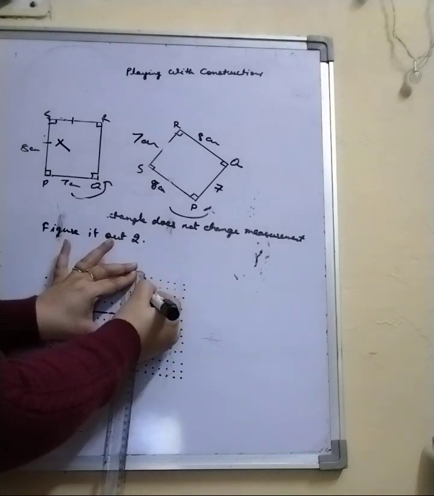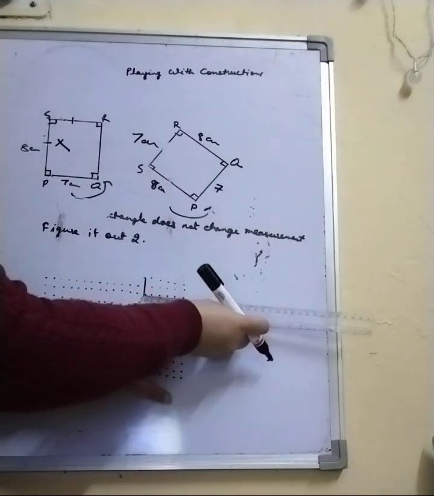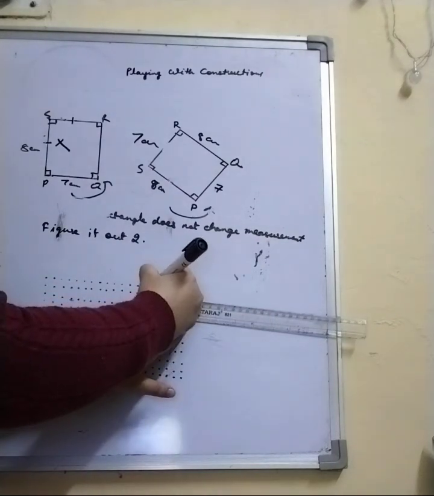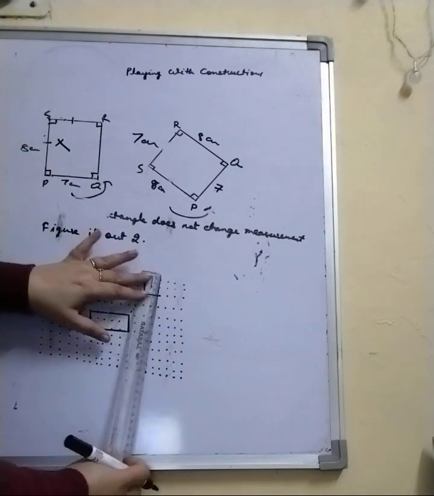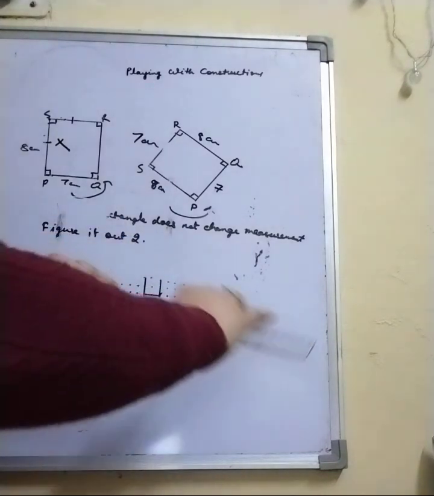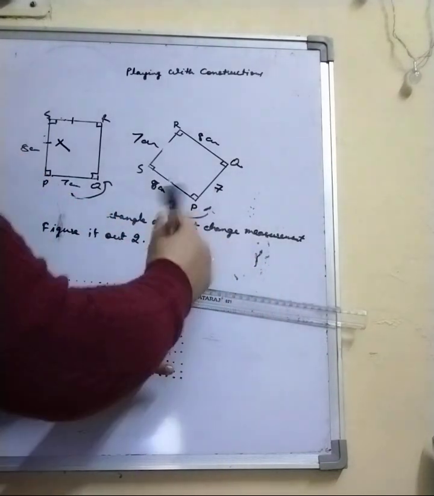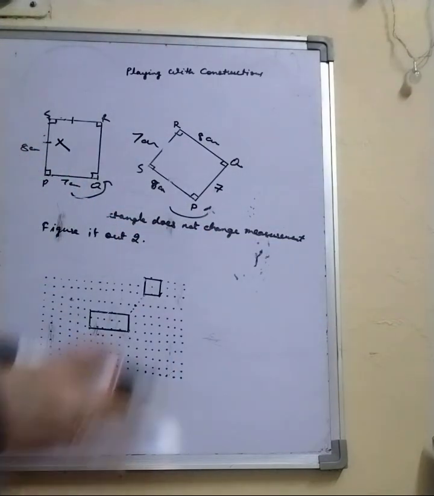So we would draw the square using 3 dot lines like this and 3 dots. Square has equal sides, so 3 dots horizontally and 3 dots vertically. So in this way you would join the first square.